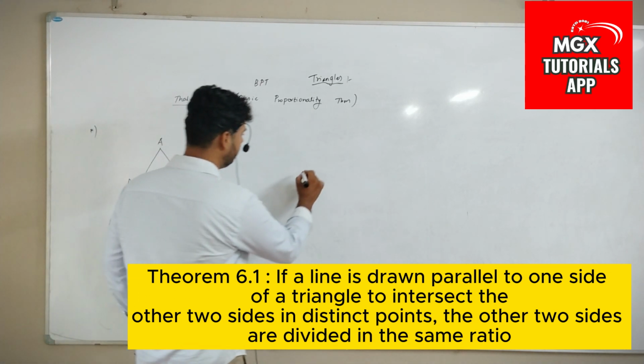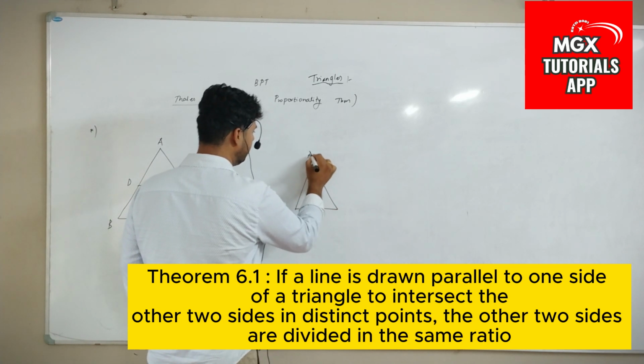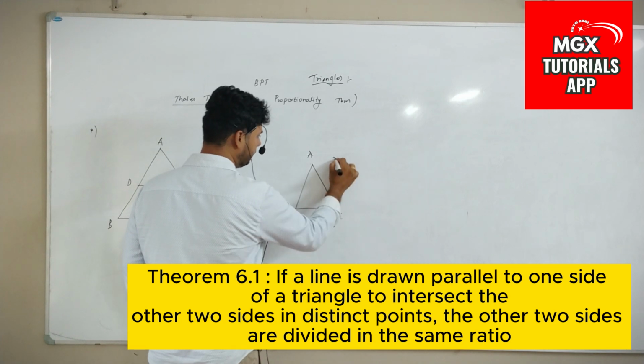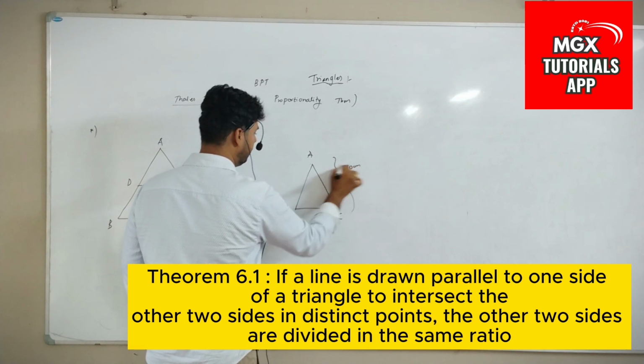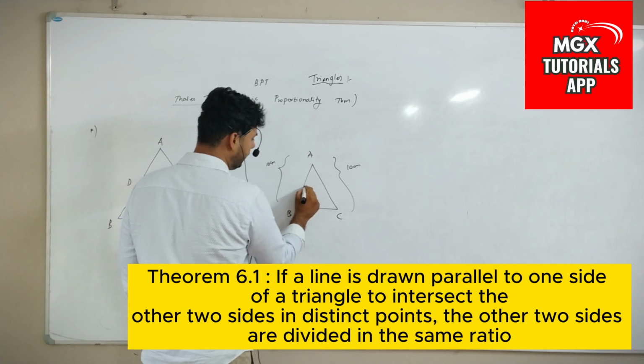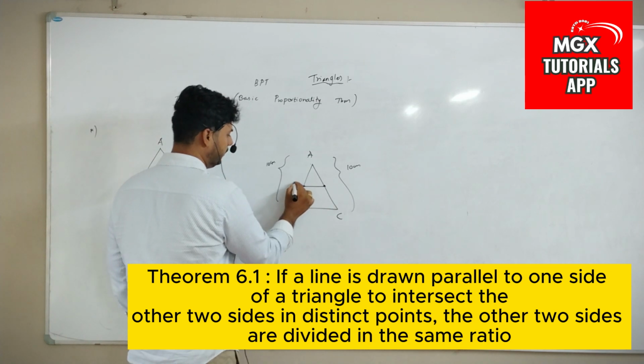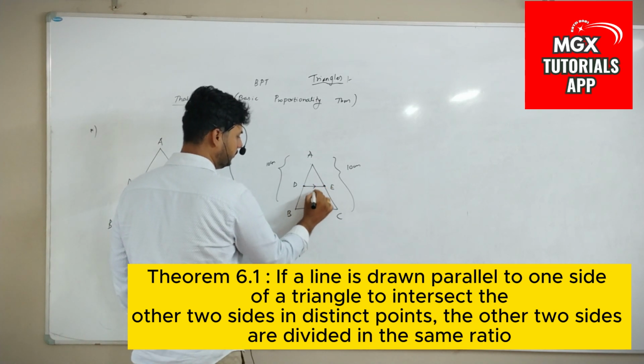One example I'll give first, then you will understand. Basic proportionality teaches us that in triangle ABC, think this is 10 centimeter. If I take this at 5 centimeter, this also at 5 centimeter, and join this, DE is parallel to BC, yes or no?